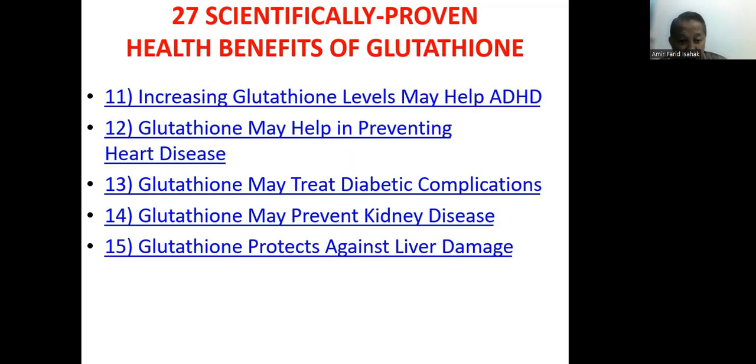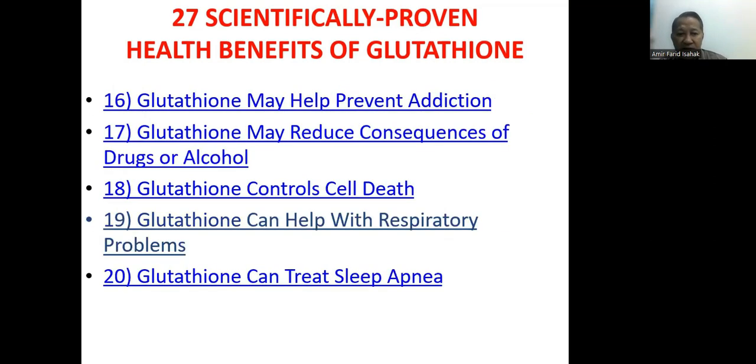May treat psychiatric disorders, may help in ADHD, attention deficit hyperactivity disorder, may help in preventing heart disease, may treat diabetic complications, may prevent kidney disease, may protect against liver damage, may help prevent addiction, and may reduce the consequences of drugs or alcohol. So even if you're still addicted, if it still does not stop your addiction, it helps reduce the harm from the addiction to drugs or alcohol.